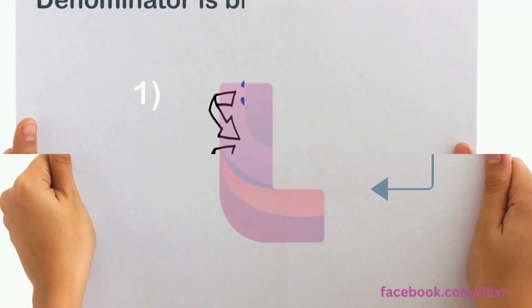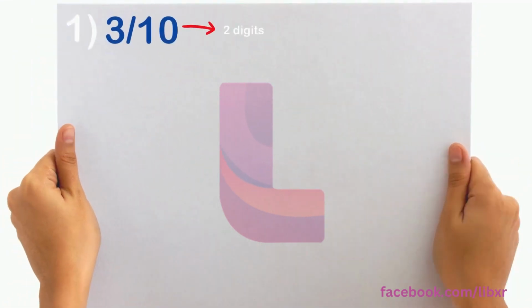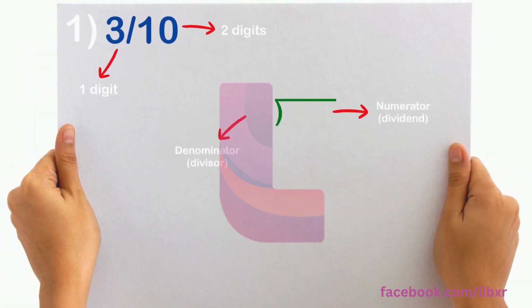3 by 10. The denominator has 2 digits while numerator 3 has 1 digit. So we add 1 zero in front of 3 on the left to make it a 2-digit number like 10. So now we have 03 instead of 3.